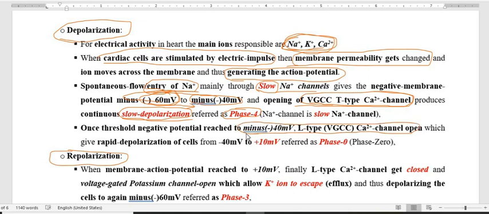At minus 40 millivolt, the L type calcium channel opens and there is a rapid entry of calcium through the calcium channel into the cell, and therefore the potential rises from minus 40 millivolt to plus 10 millivolt, which is referred to as phase 0, also called rapid depolarization.